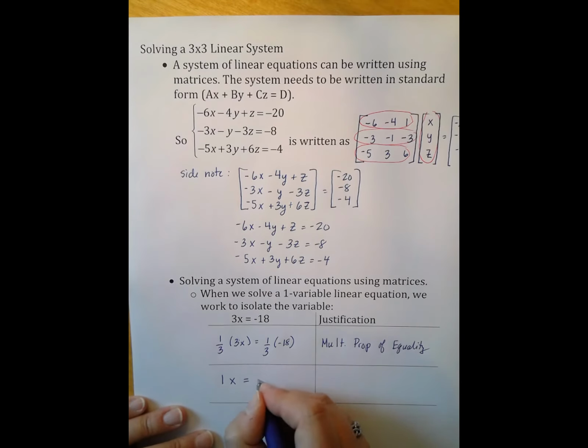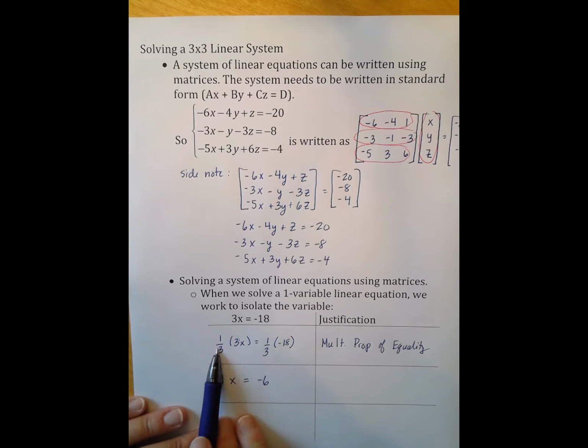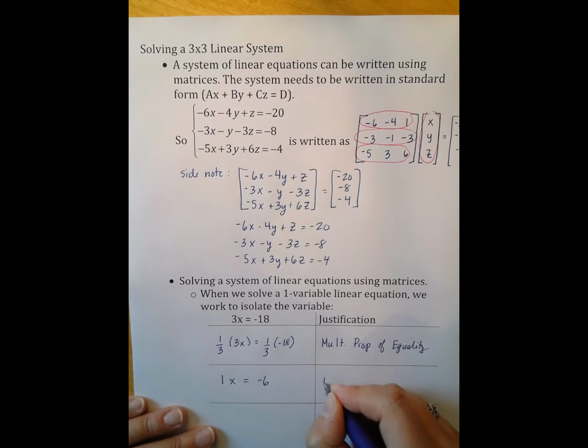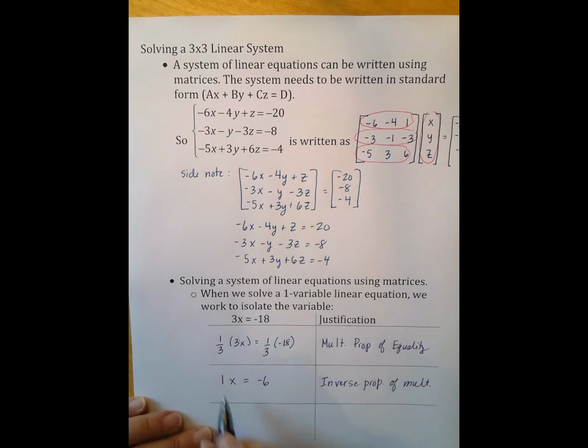And I'll simplify that, it's -6. The property that allows me to say that 1/3 times 3 is 1 is the inverse property of multiplication. And then 1 times x is x, and that's the identity property of multiplication.